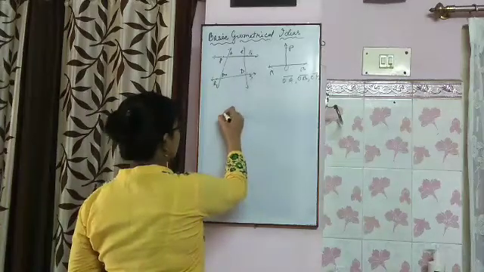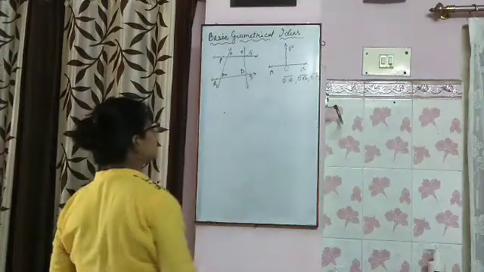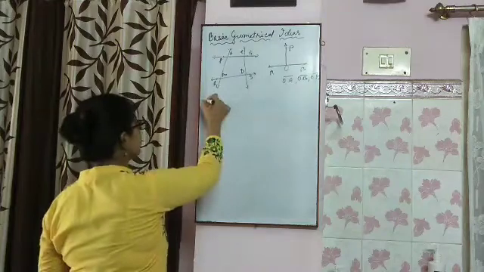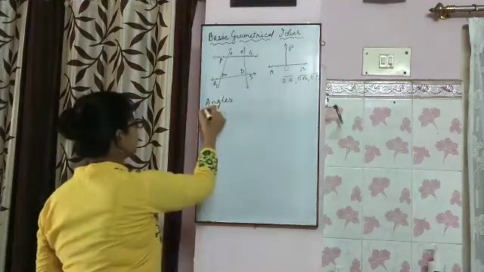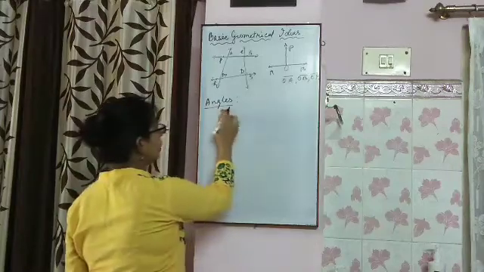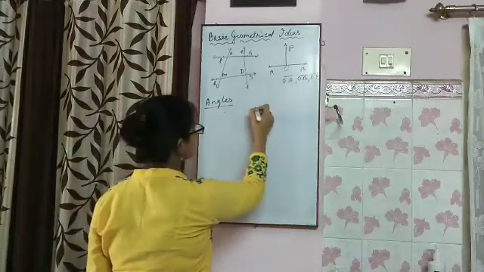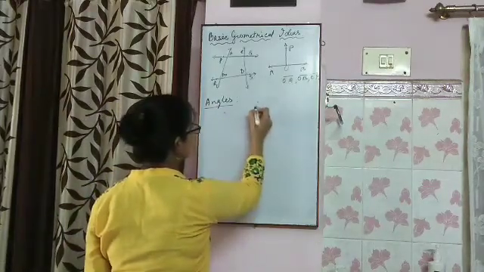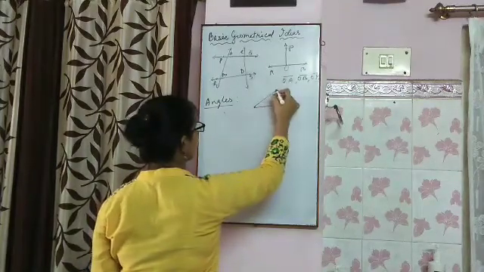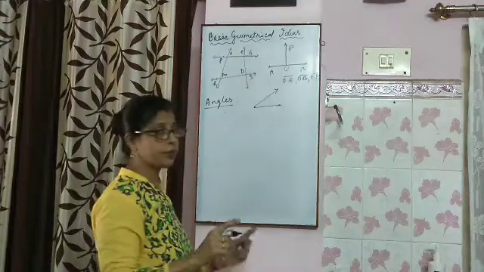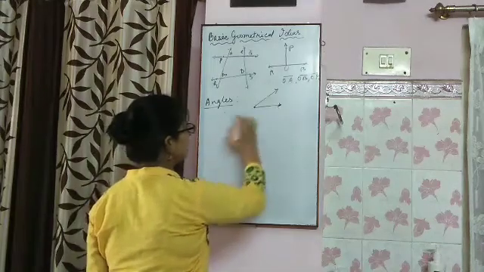Now, angles. How will angles form? If from a fixed point two rays go in different directions, then they form an angle.